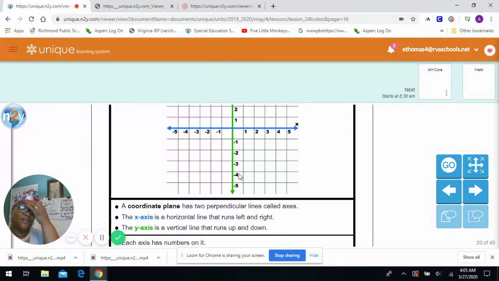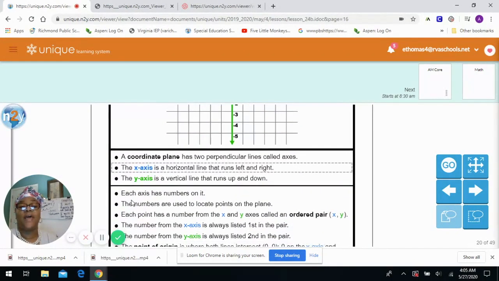Now remember when we did the graphs, we have the pictures at the bottom, they were on the x-axis, and then the numbers were on the y-axis. But here we have the coordinate plane because you're going to have two axes that are going to coordinate together. Each axis has numbers on it. The numbers are used to locate points on the plane.